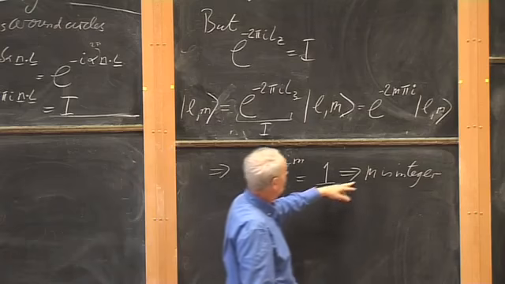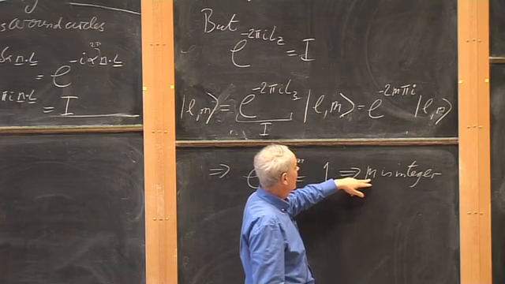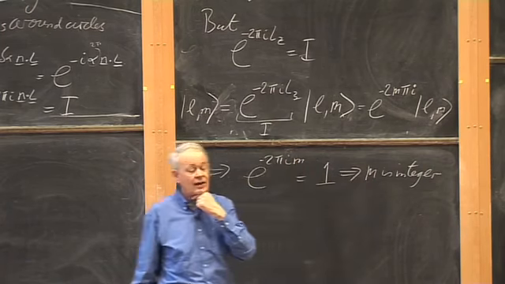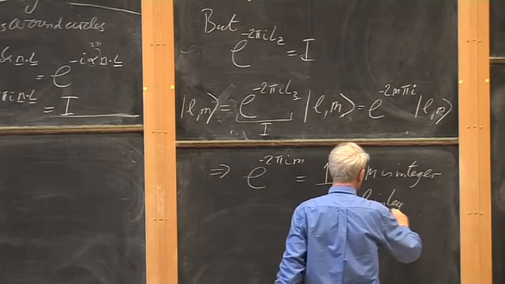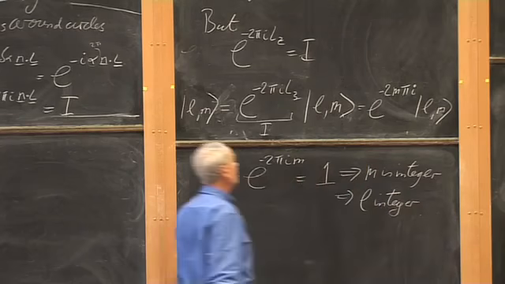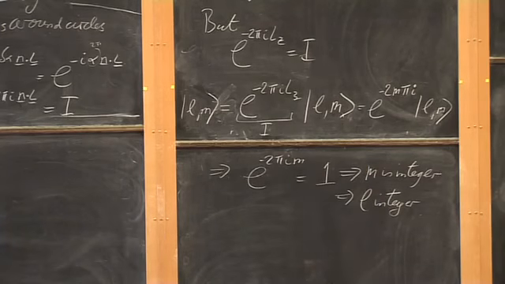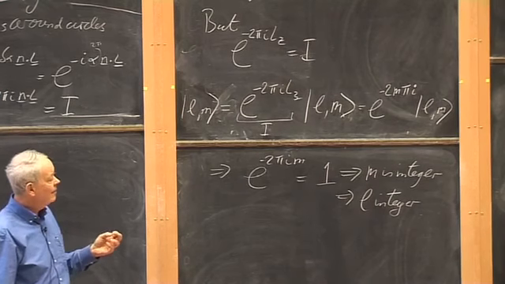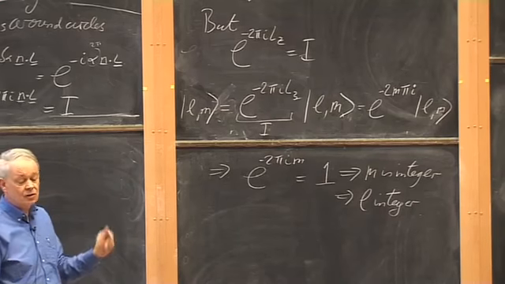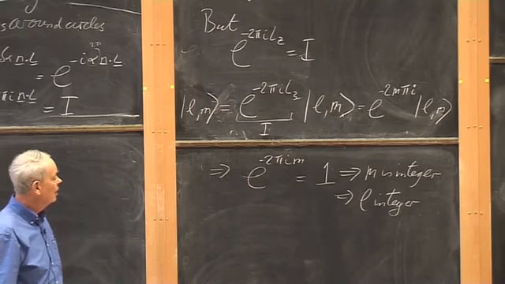And that has the consequence that m has to be an integer, and therefore l has to be an integer. So the eigenvalues of L squared are l(l+1), where l equals 0, 1, 2, 3, 4, etc. And therefore m is also going to be stuck on integers.